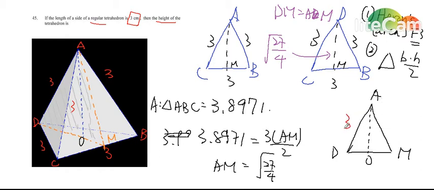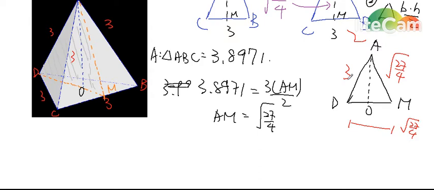Firstly, AD is 3, and AM we have calculated, it is the square root of 27/4, and DM also is the square root of 27/4. Here we also use Heron's formula, and then use the area formula of the triangle.